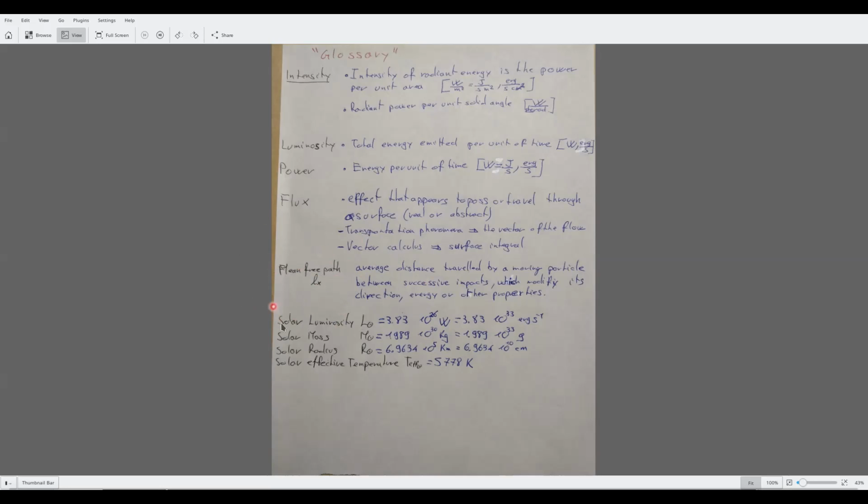Just to remember the mean free path, that is the average distance between two collisions, two impacts that are changing energy, momentum, or other physical characteristics. And briefly, four main constants that are quite used: luminosity, solar mass, solar radius, and the solar effective temperature, both in the international system and the CGS system.